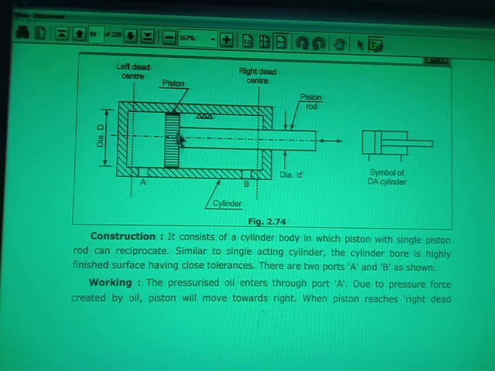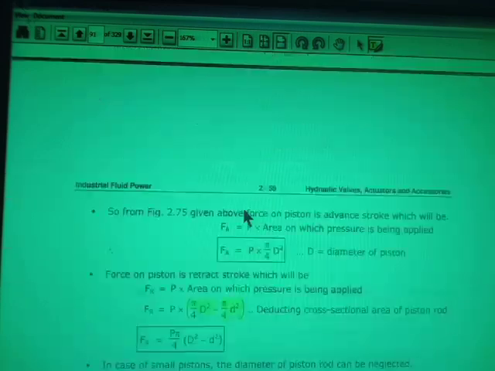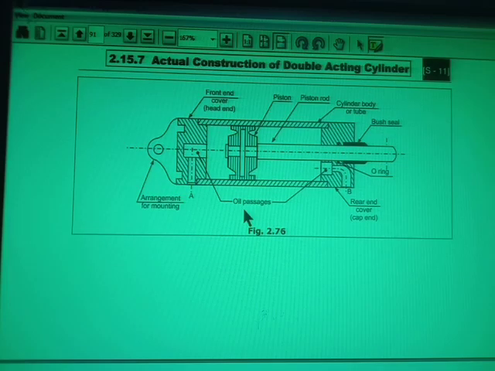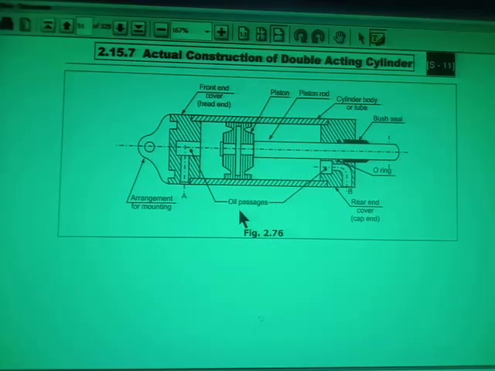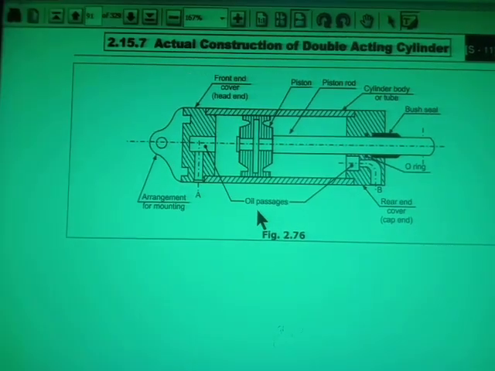Only the body, piston, piston rod, and two ports, A and B, are shown. But when hydraulic cylinders are actually manufactured, the construction is somewhat different. Now we'll see how hydraulic cylinders are actually manufactured. Here you can see the actual construction of a hydraulic cylinder.